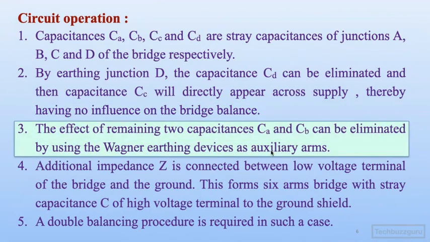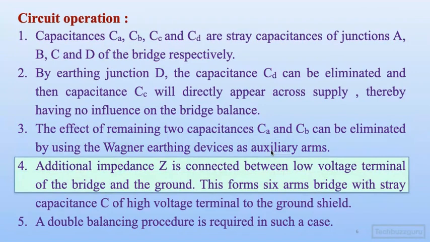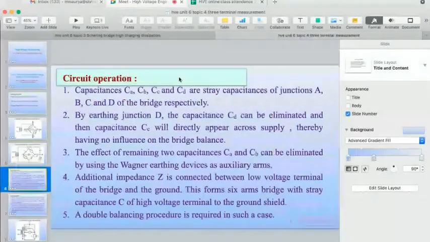Next, the effect of the remaining two capacitances, that is CA and CB, can be eliminated using the Wagner earthing device. While explaining the circuit, I told you how to remove the two side capacitances.